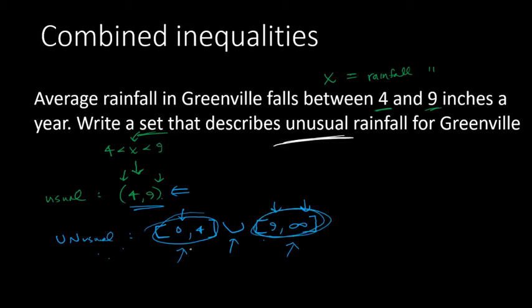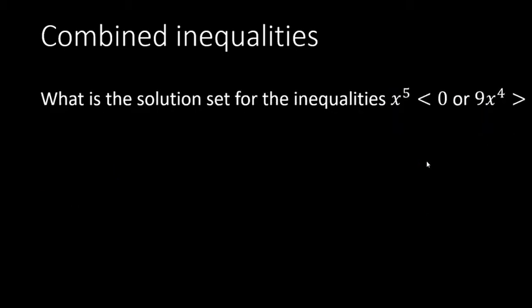So this would be my answer, this set. Let me just write it one more time so you can see it. Oops, that should be a bracket. 9 to infinity. With infinity, we always write a parenthesis because infinity never ends, so you can't really include it as a number. All right, let's press forward.